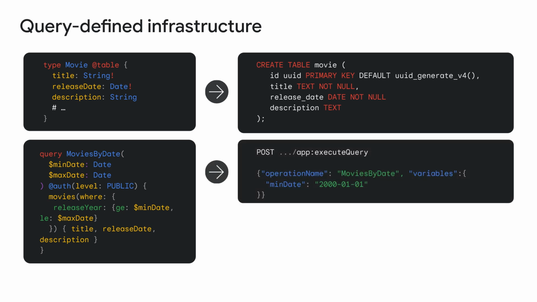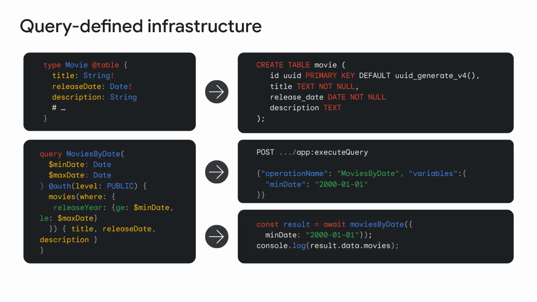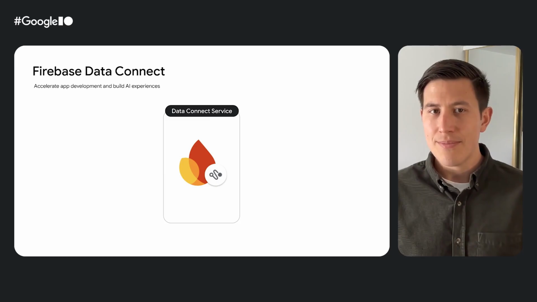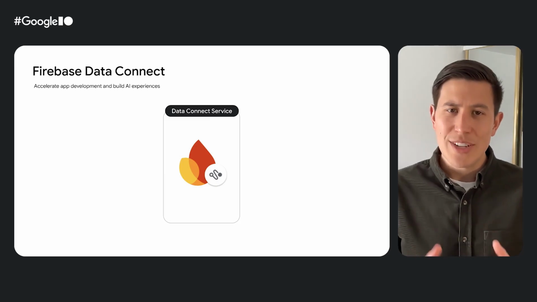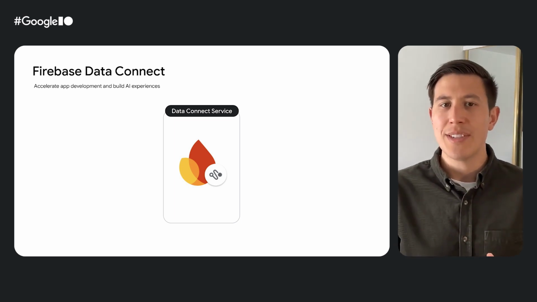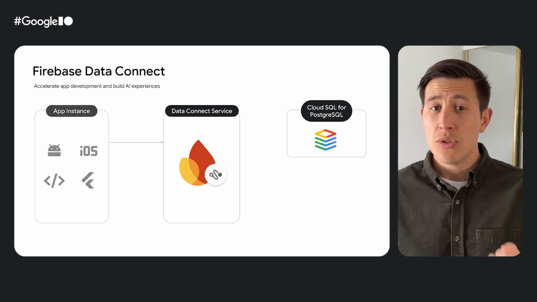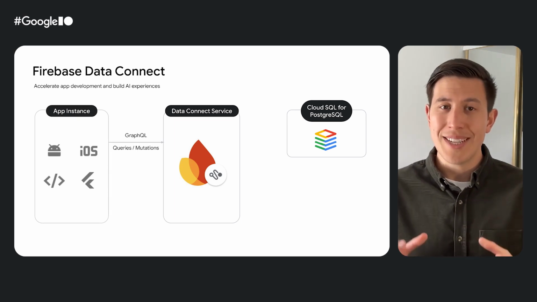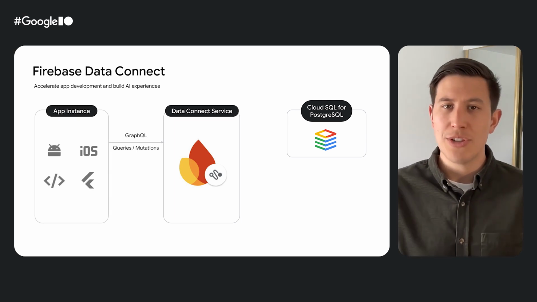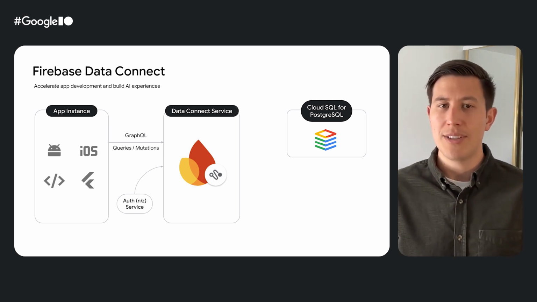We define a secure API endpoint that can be called, and we define type-safe SDKs that can be called with a single line from your client. Data Connect accelerates your app development by abstracting the infrastructure away that you need to manage to run your app. It connects Cloud SQL to your app, and so you simply need to define the queries and mutations from your app with the integrated authentication and authorization policies.